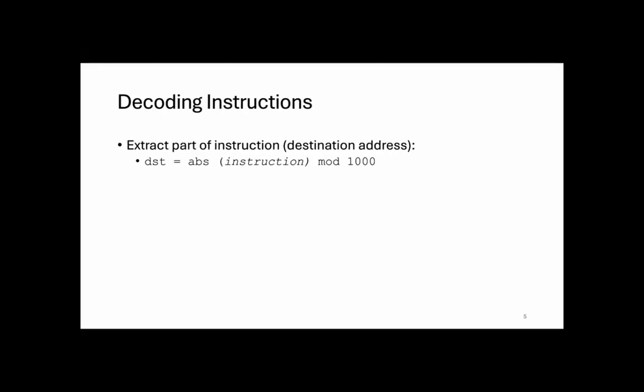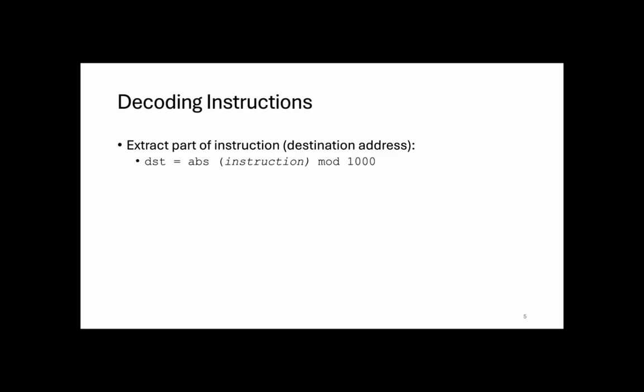So we want to be able to decode the instruction now. We fetched the instruction, and we know where to update our instruction pointer. Now it's time to decode in order to execute. Decoding the instruction means that we understand which part of the instruction is which. We want to extract what operation we are trying to execute, and if there is a source and destination, we want to extract what our source and destination are.